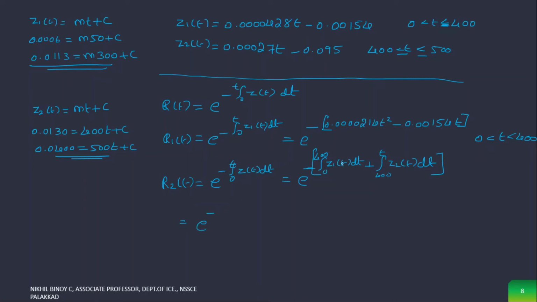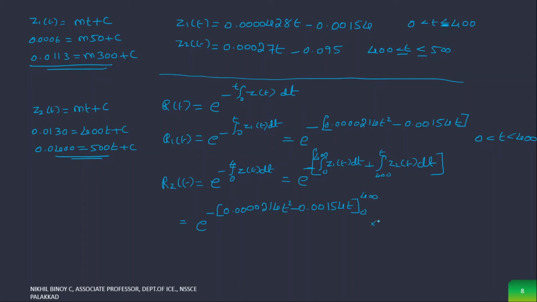Now what about this integration? The first part is 0.0000214 t square minus 0.00154 t with limits 0 to 400.